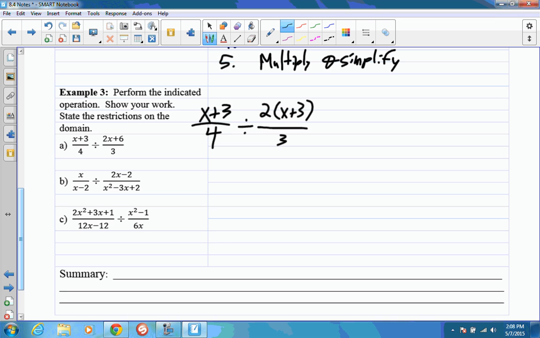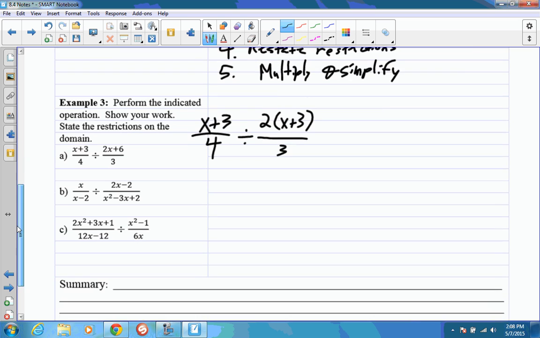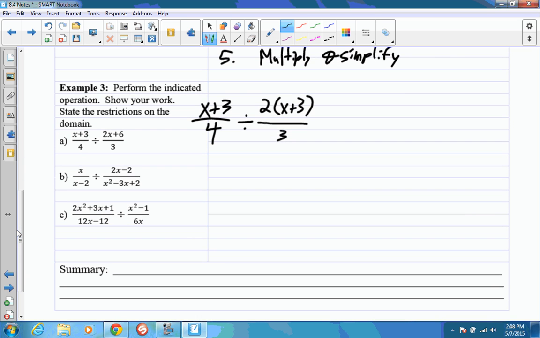So on this problem, we already said this. How many restrictions do I have? None yet. Good. Step 2, state restrictions. Done with that. So now I need to flip. People are asking me, which one do you flip? Do you flip both? No, you flip one. How do you know which one to flip? Guys, it is always whatever you're dividing by.